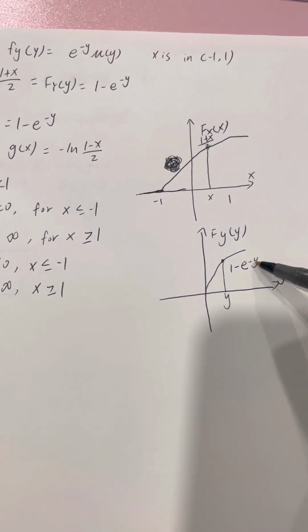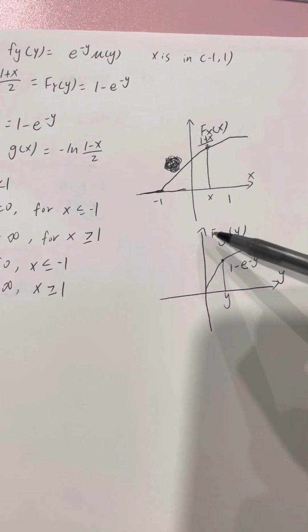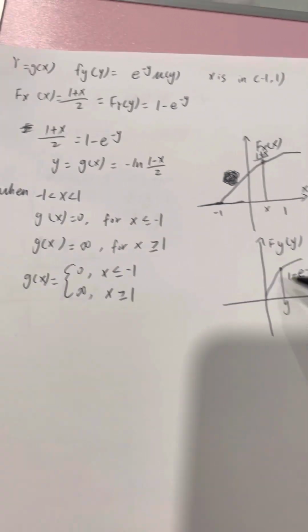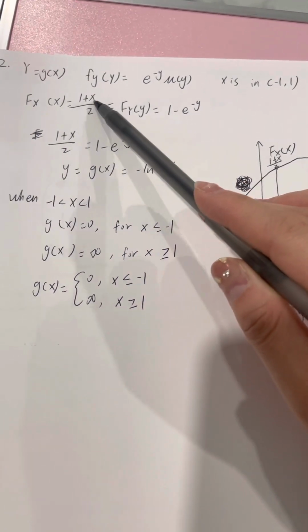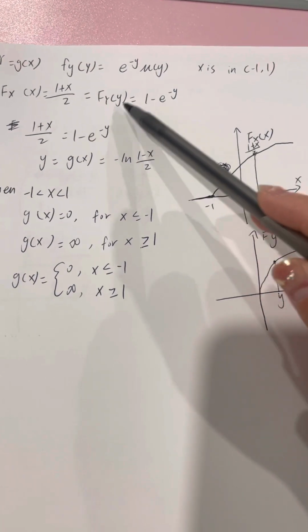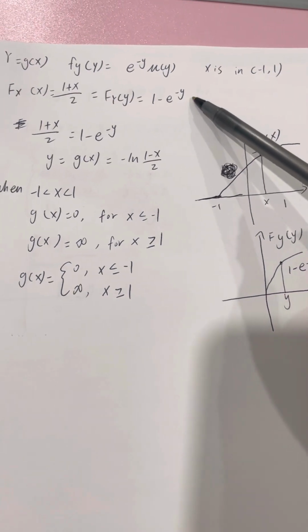So if you set the F_X(x) equal to F_Y(y) at a point when the F_X(x) equal to 1 plus x over 2 is equal to when F_Y(y) equal to 1 minus e to the negative y power.